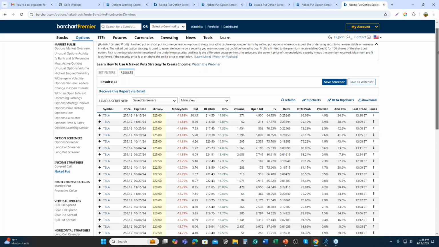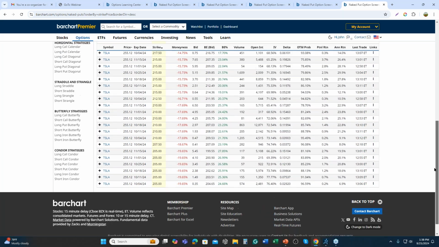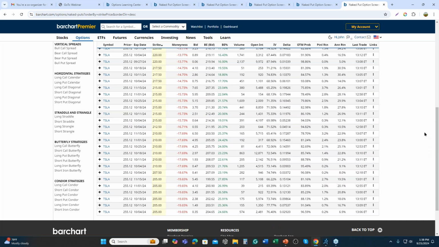So let's look at the low end of our range where I believe price will not go below. Here's 205. Do I get that minimum potential return? I see a couple of them that are in that line. We just have to take into consideration the time to expiration.